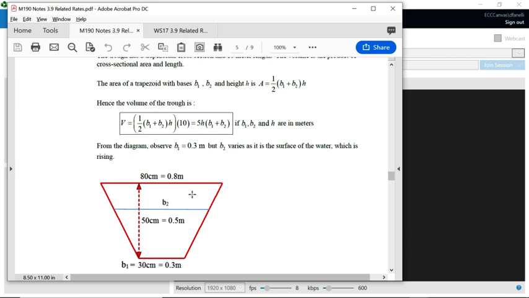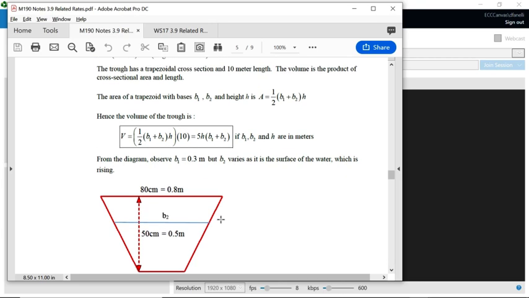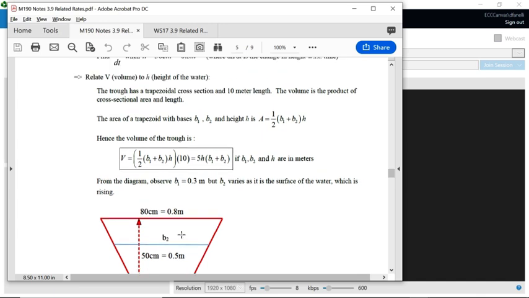The blue line is moving up as this thing is being filled up. We're interested in this situation at the instant that height happens to be 0.3 meters, but we don't want to freeze it there. We want to take the derivative before we evaluate it at 0.3 meters, so we can determine how fast that height is changing.